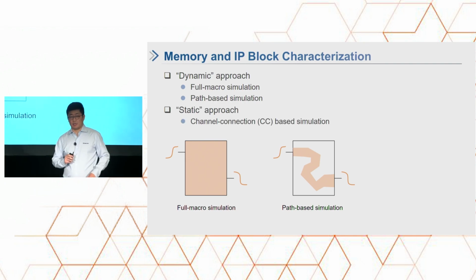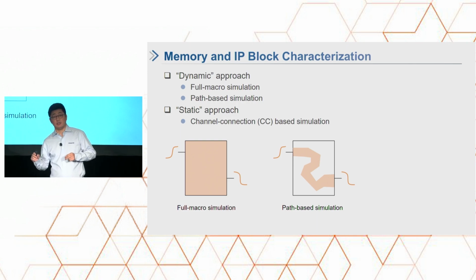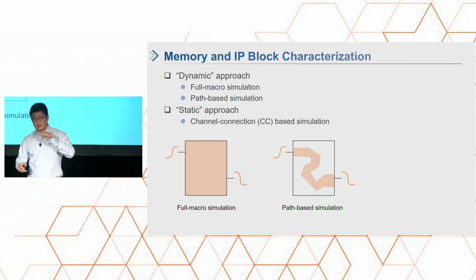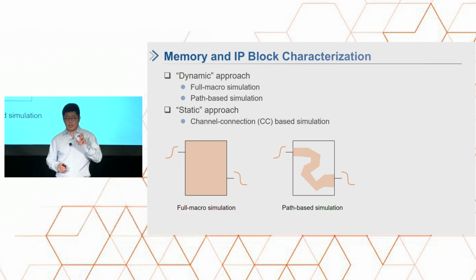And we also have the static method. This is different because the dynamic method relies on the top-level stimuli that we give to simulate the circuit. But in the static approach, we partition the circuit into even smaller blocks, like a gate-level partition. And then we simulate stage by stage.